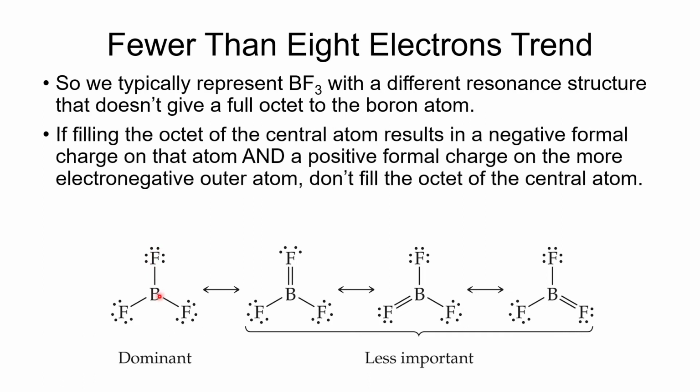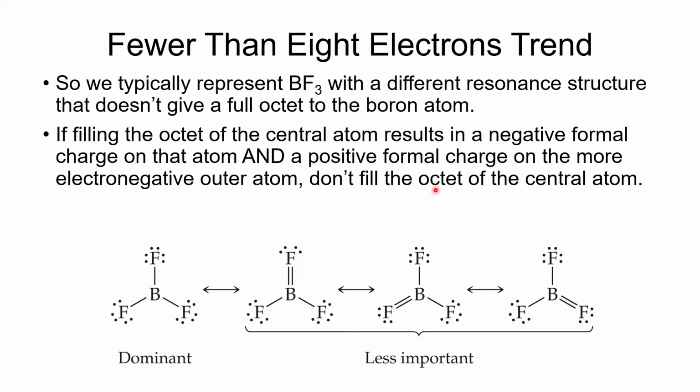And so if filling the octet of the central atom results in a negative formal charge on that atom and a positive formal charge on the more electronegative outer atom, then just don't fill that octet in the central atom. Now, typically, this is going to happen with atoms that are over on the left side of the periodic table.